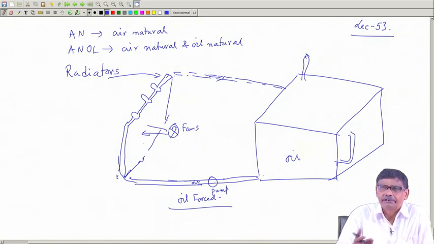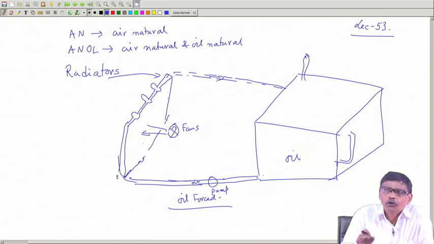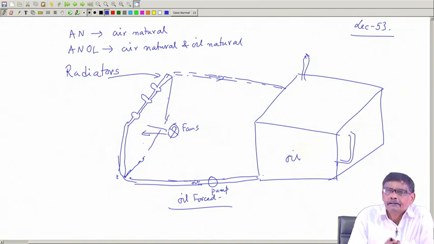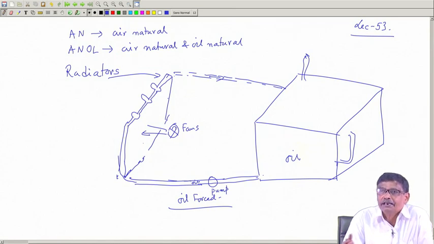So, these are terminologies which you will easily understand, but the basic understanding of the whole process is that for a large transformer you have to have some elaborate cooling arrangement.